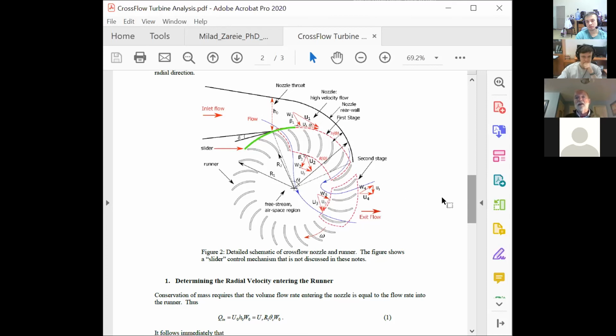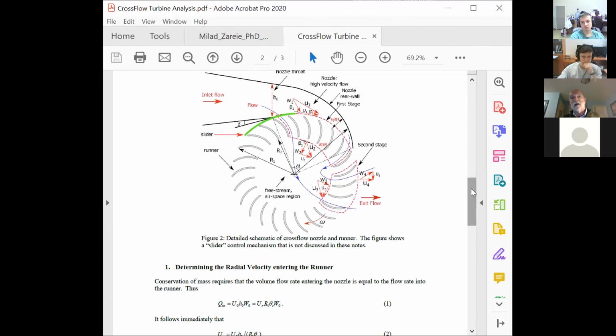What I'm going to be talking about now is at a level below that, just the very basic way in which we can analyze the turbine. And the way we do that is to use our basic conservation principles. We look at conservation of mass, conservation of angular momentum, and conservation of energy.